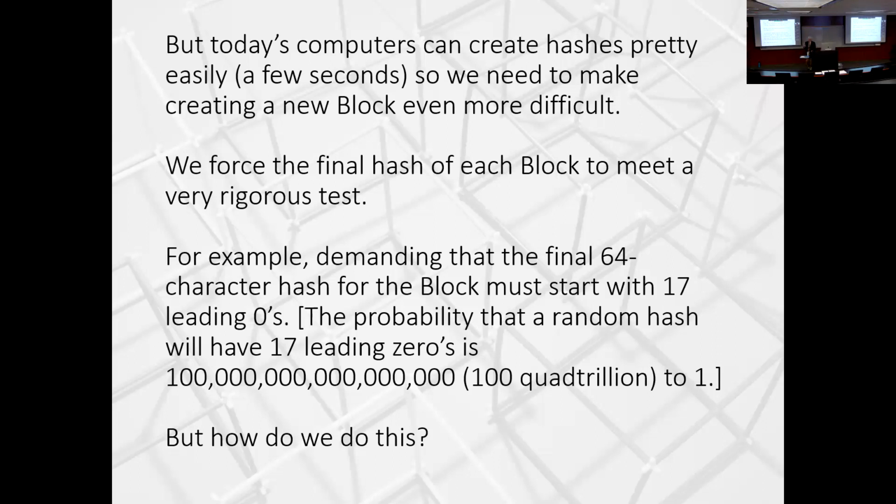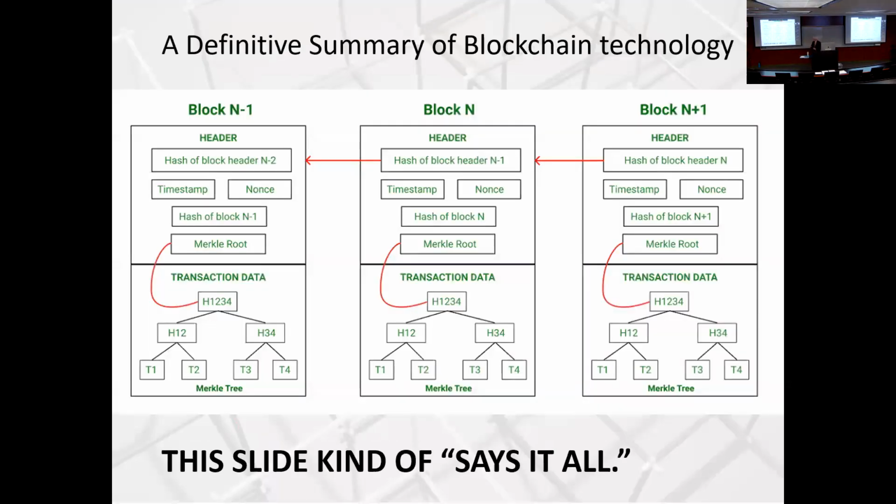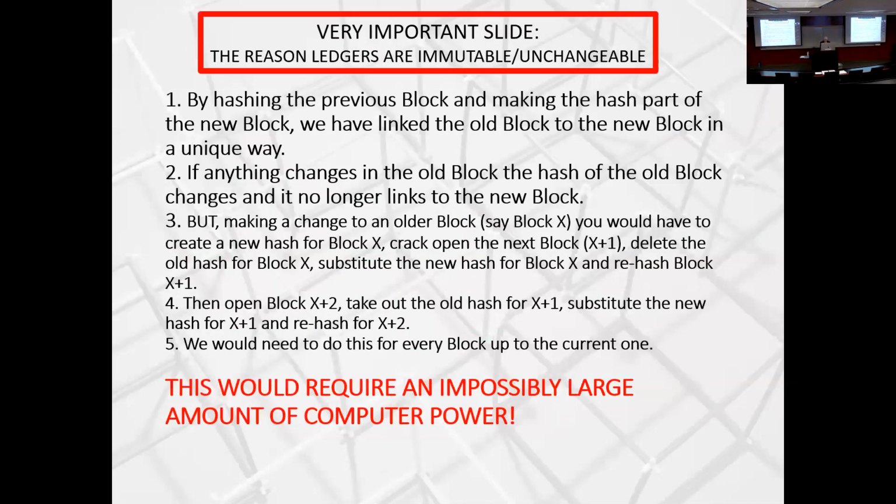What I say is, okay, for that final hash, the hash of block n+1, the final hash of this block has to meet certain criteria. Otherwise, it's too easy. And so here's the criteria as of this year.